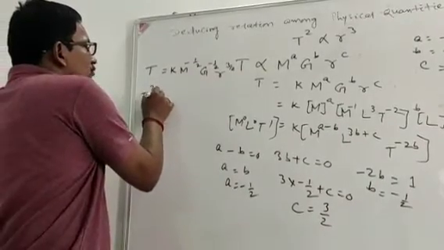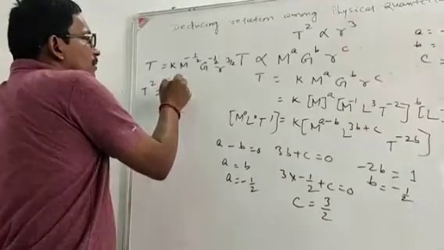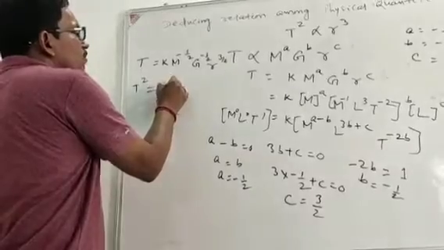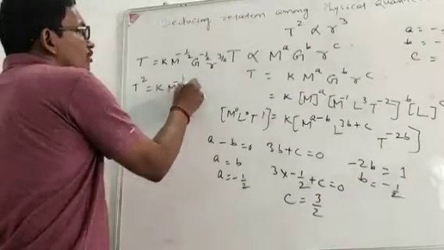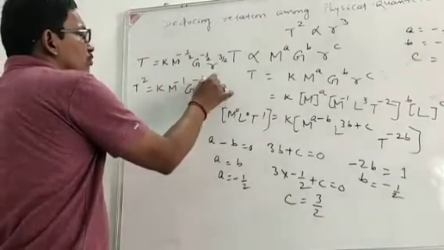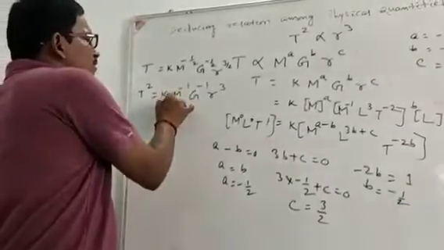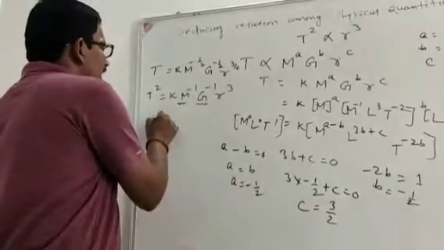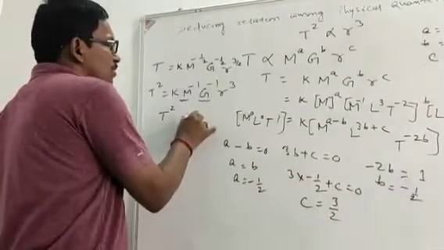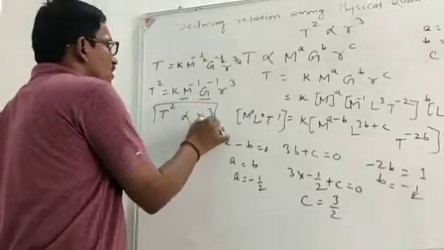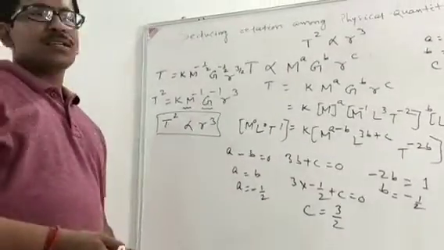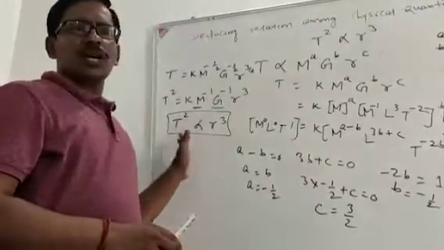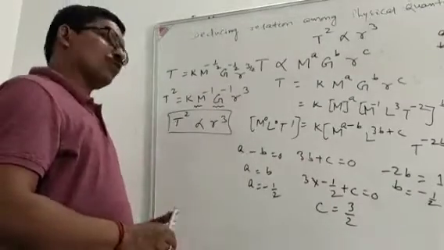T square equal to k, the constant, no problem, it remains k once again, M to the power minus 1, G to the power minus 1, and R to the power 3. And the mass of the sun and the gravitational constant, those values are fixed. Now I can write T square is proportional to R cube. So this is the proof that was asked. It is shown that on the basis of dimensional analysis, T square is proportional to R cube.